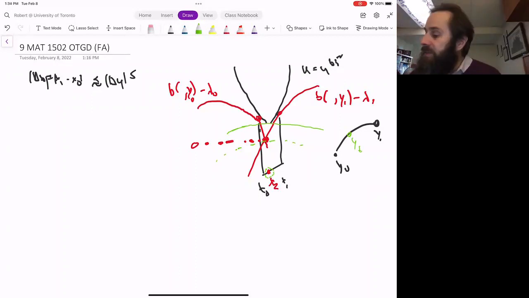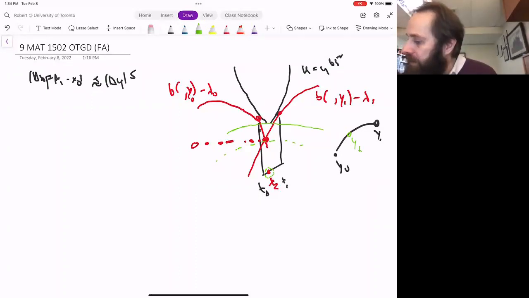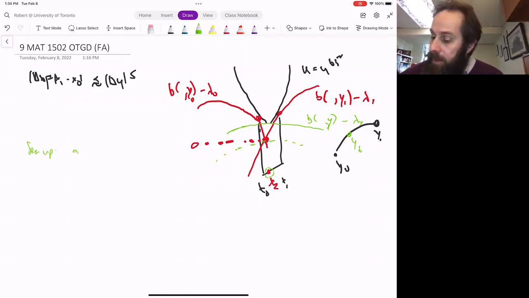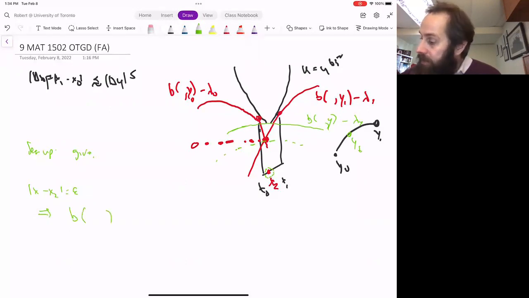And the claim was that this bumped up copy of B, so this was like B of something y minus a constant depending on y, the setup gives: if x is at distance epsilon from x2, then b of y minus lambda y is less than u of x for all x in this boundary of the ball of radius epsilon around x2.